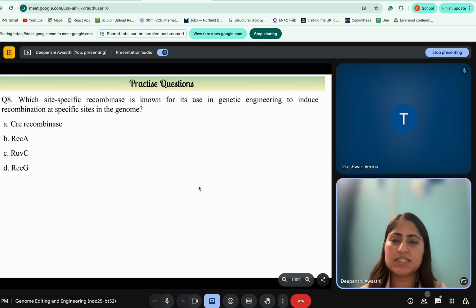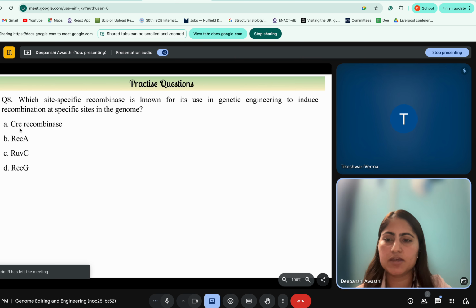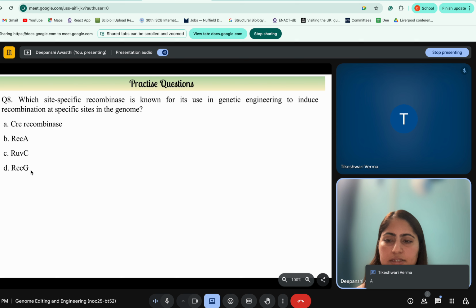Which site specific recombinase is known for its use in genetic engineering to induce recombination at specific sites in the genome? Option A Cre recombinase, option B RecA, option C RuvC, and option D is RecG.